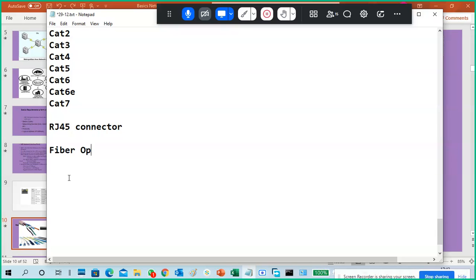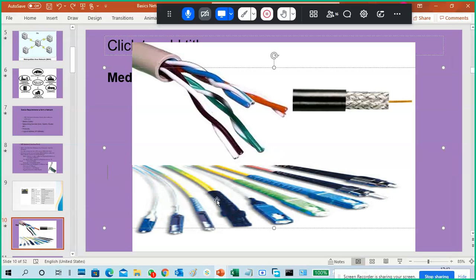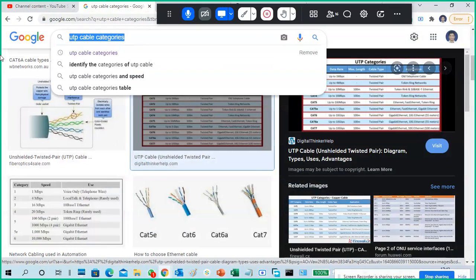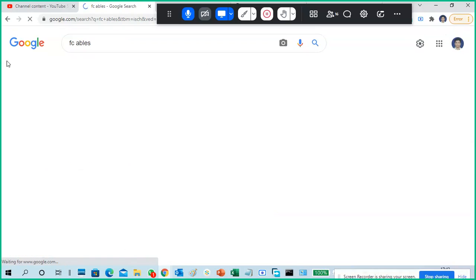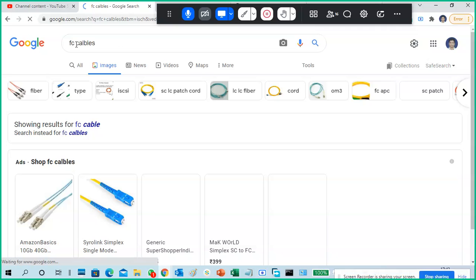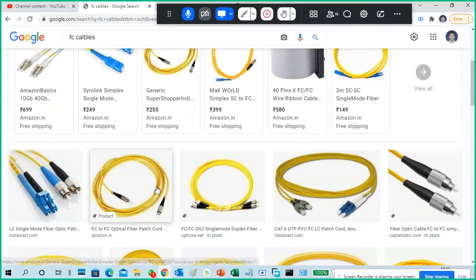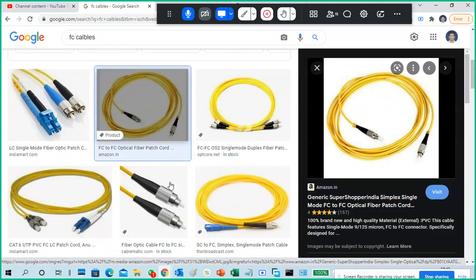Fiber optical or optical fiber cables. Fiber optical cables look like this one. So different types of fiber optical cables are there. So you can try what I'm typing. Yeah, at least it is showing something. So without worrying, this is how the fiber optical cables are.